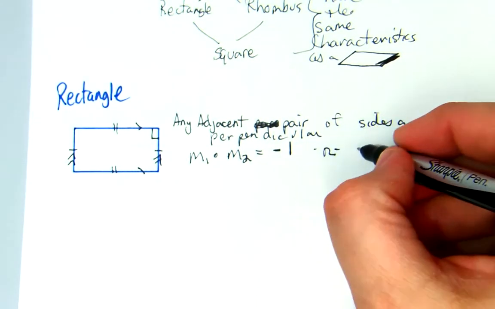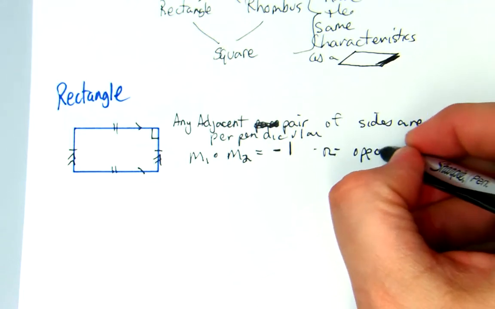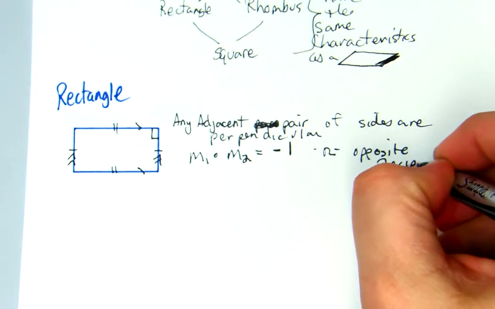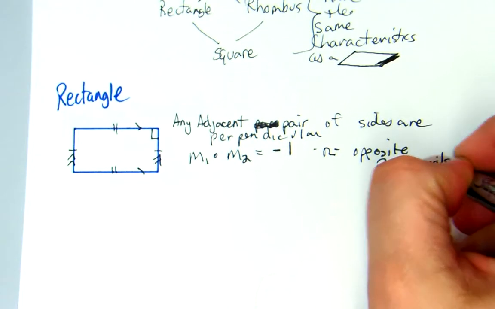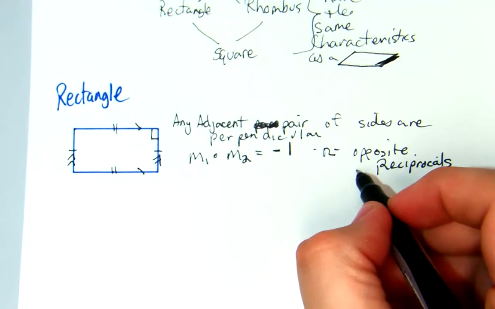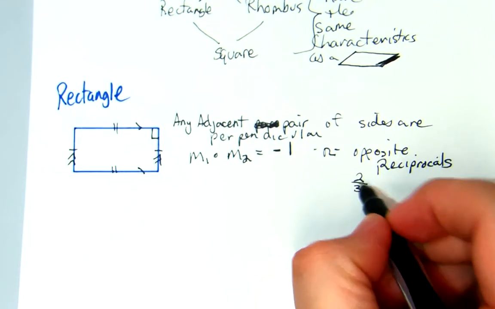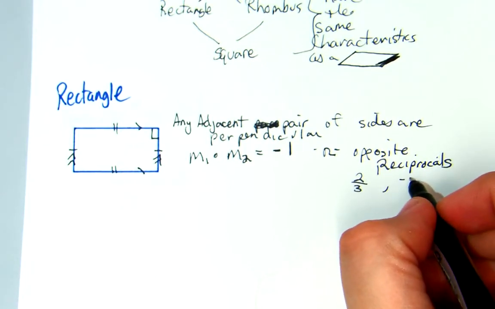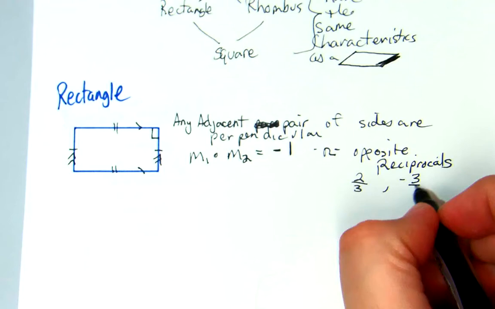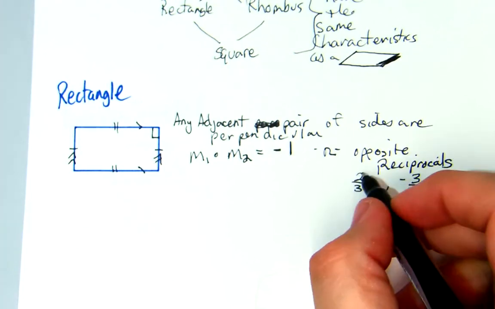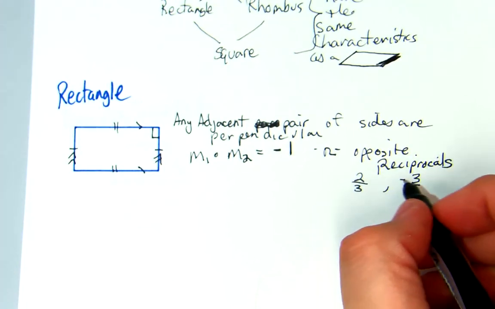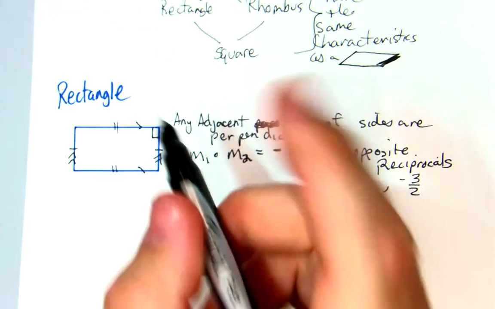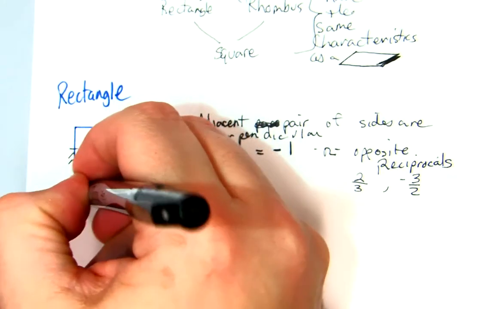Or they're opposite reciprocals. So if one of the slopes was 2/3, what's the other slope? Not -2/3, -3/2. Because you have to take the reciprocal of 2/3, which is 3/2, and then since that's positive, that's negative.